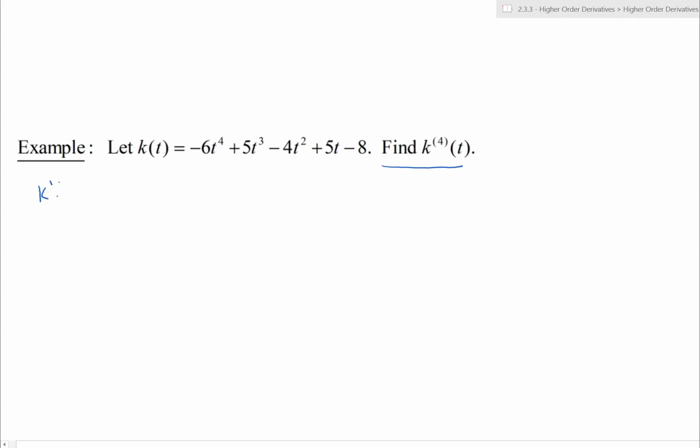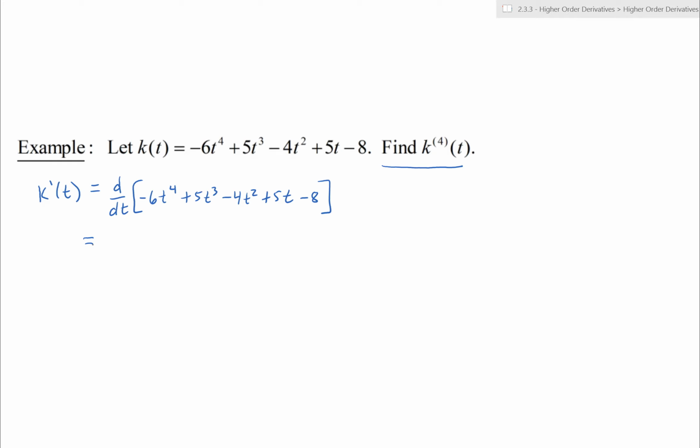First derivative, k prime of t. Well, I'm differentiating that entire function, right? So the derivative with respect to t of negative 6t to the fourth plus a 5t cubed minus a 4t squared plus a 5t minus an 8. So I differentiate that, keeping in mind our power rules and our constant multiplier rules and our derivatives of sums and differences.